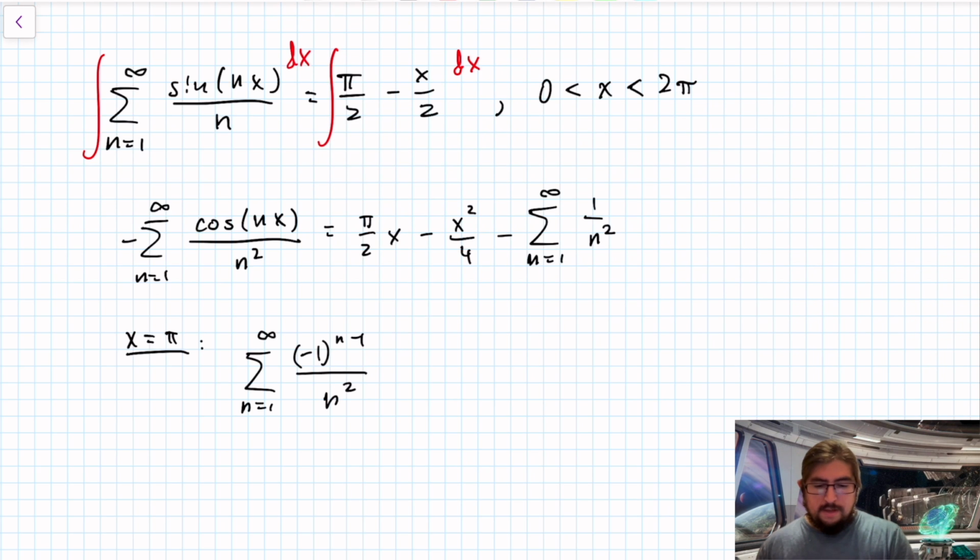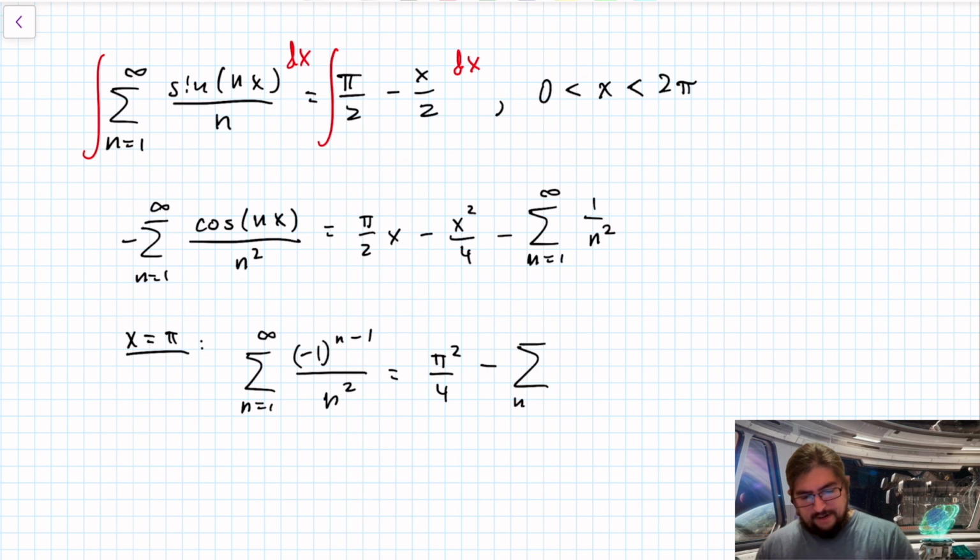Okay, what else? Well, if x is pi, then we have pi squared over 2 minus pi squared over 4. 1/2 minus 1/4 is 1/4, so really that's just pi squared over 4, minus the thing we're trying to find.